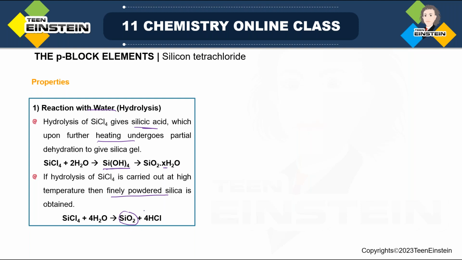So depending on whether you increase the temperature stepwise or directly do the reaction at high temperature, you get either silicic acid or SiO2.